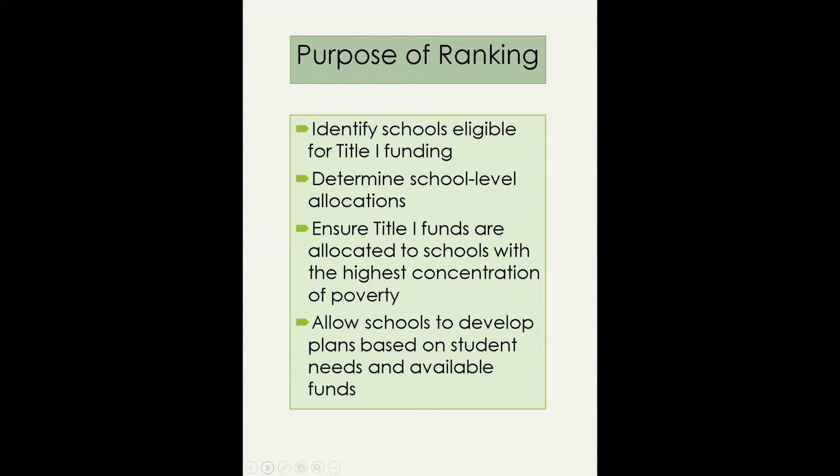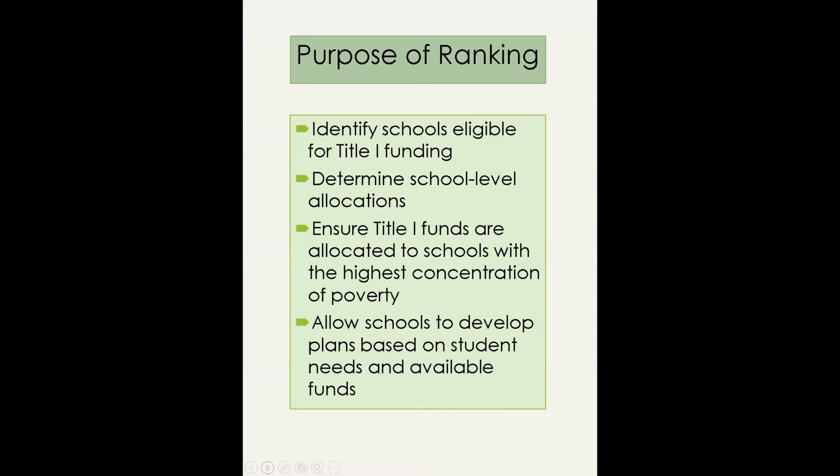There's a process for how you identify schools that are eligible for Title I funding and how you determine the allocation amounts. The purpose is to ensure that Title I funds are allocated to schools with the highest concentration of poverty. The idea is not to sprinkle the money around so everybody gets a little bit. That's not how you develop a good program. It's also to allow schools to develop plans based on their needs and available funding.